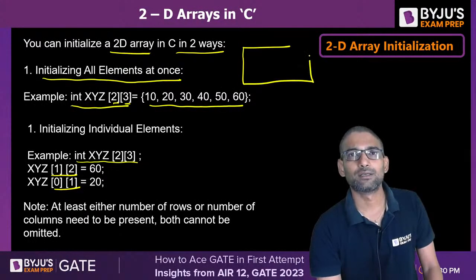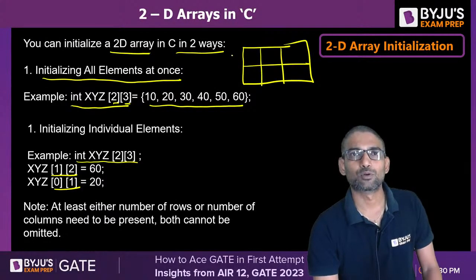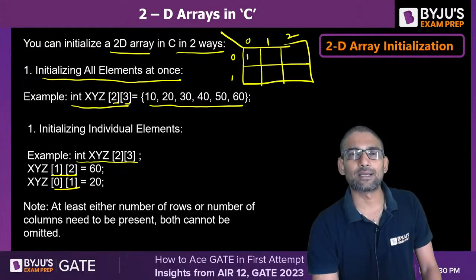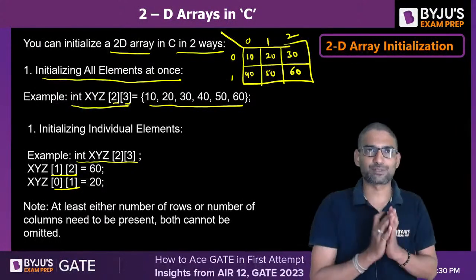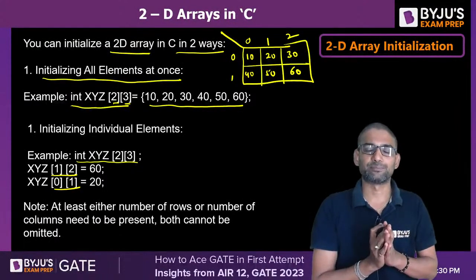Like here, there are 2 rows, 3 columns. 0, 0 value 10, 0, 1 value 20, 0, 2 value 30. Similarly, 40, 50, 60. For our understanding, I am showing in the matrix form.